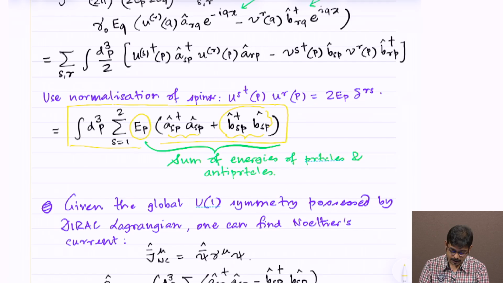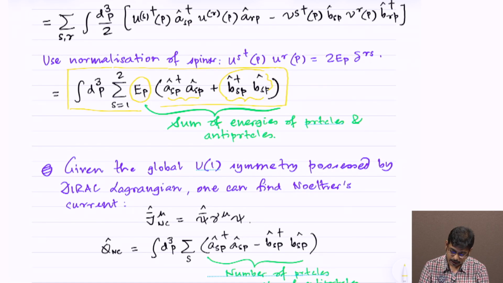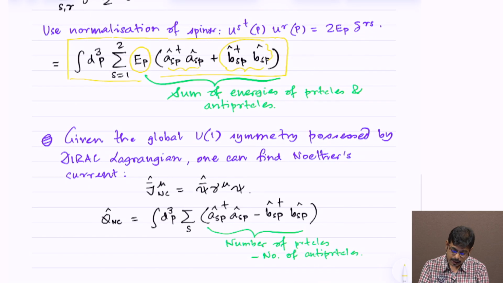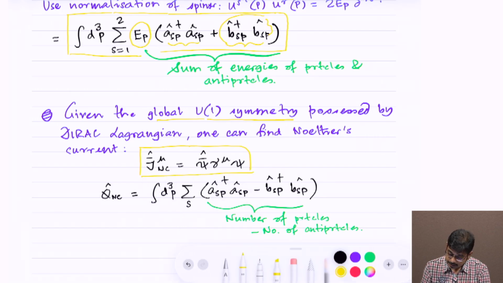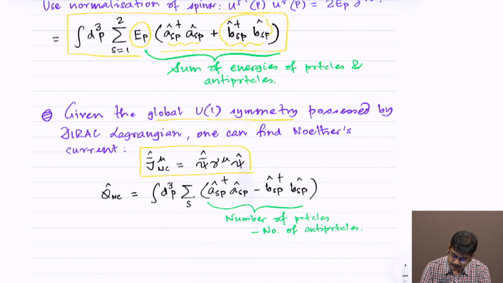So, now we essentially get this particle-like description out of the quantization procedure that we adopt. And of course, given the U1 global symmetry that this Lagrangian possesses, which we discussed before, you can find that the Noether current is psi bar gamma mu psi. There is one point which I must clarify here.